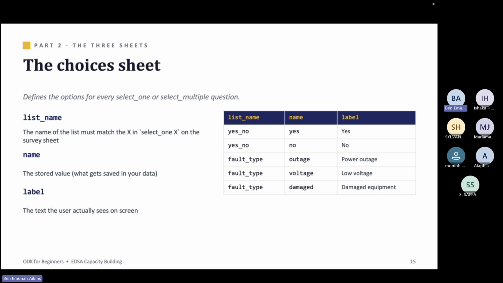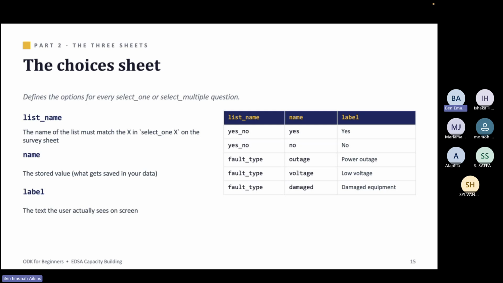In that case, I can still maintain the list name as yes, no, then I'll create another one. Under the name section, I will just do maybe NA or N_A or something like that, and under the label, I just say not available or not applicable.